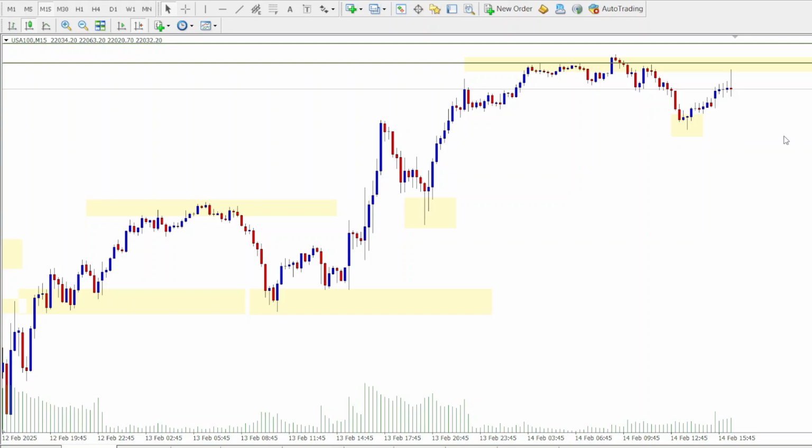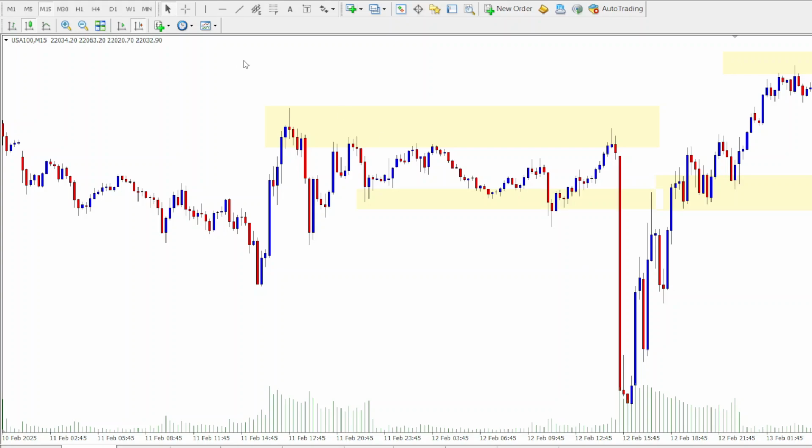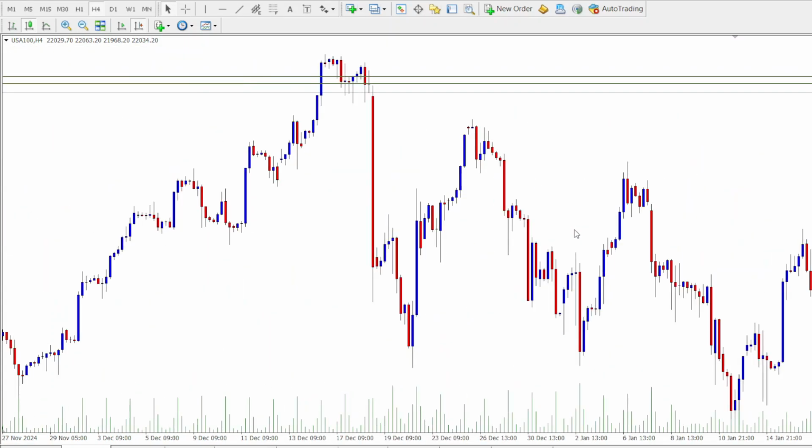Retail traders enter a buy trade at a support, thinking it will hold, right? For example, let's use this example that happened around here. Let me go to a higher time frame.